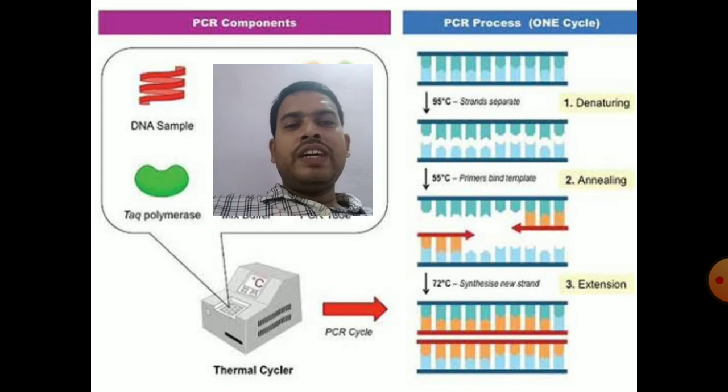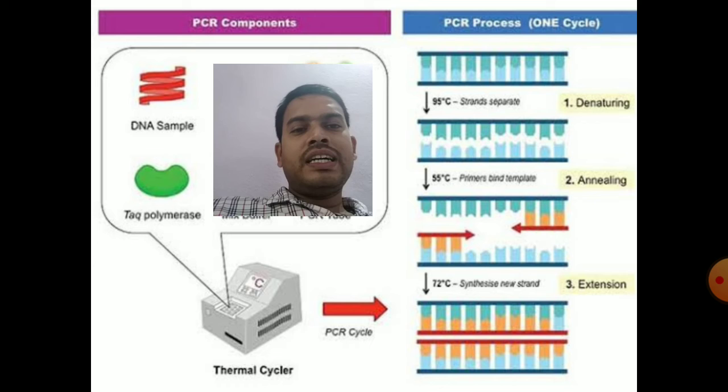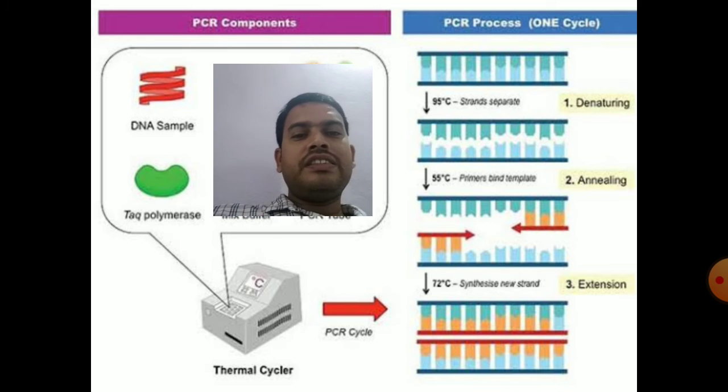There are different variants like hot start PCR, real time PCR, etc. Whatever the PCR technique, the basic process is denaturation, annealing and extension, and the enzymes are Taq polymerase and Pfu polymerase, dNTPs, and the machine used is the PCR machine.